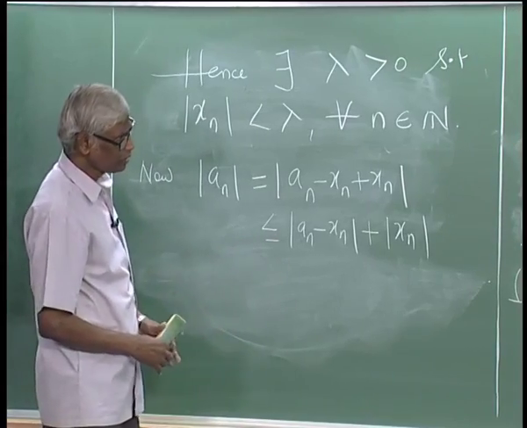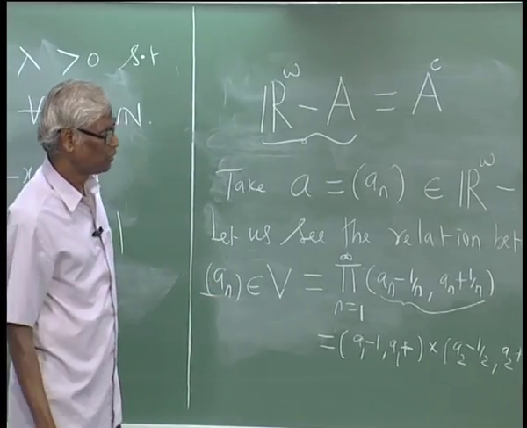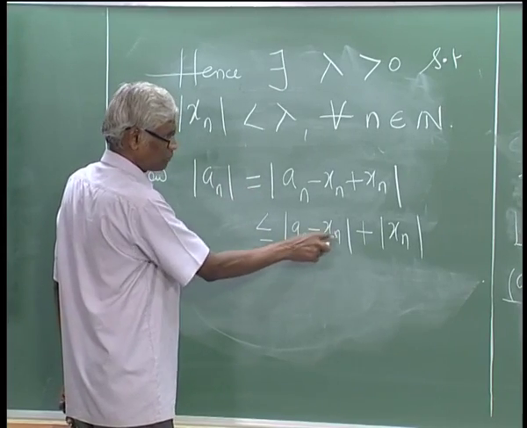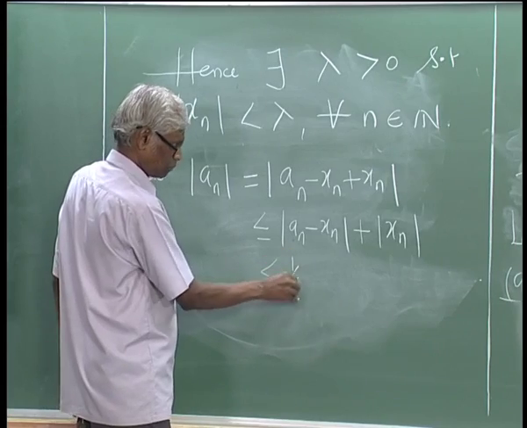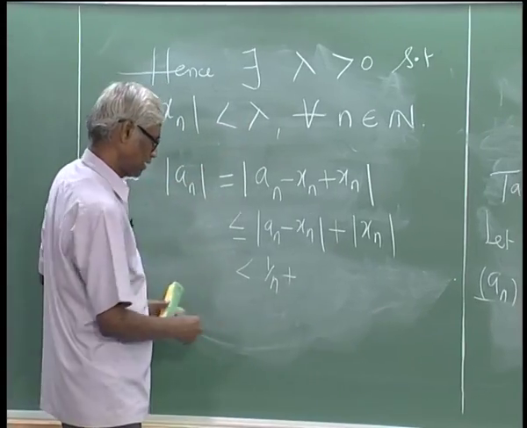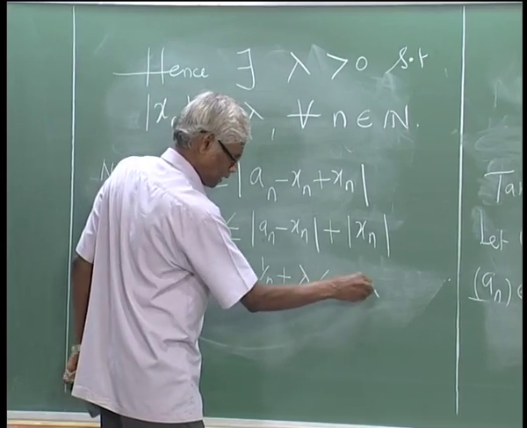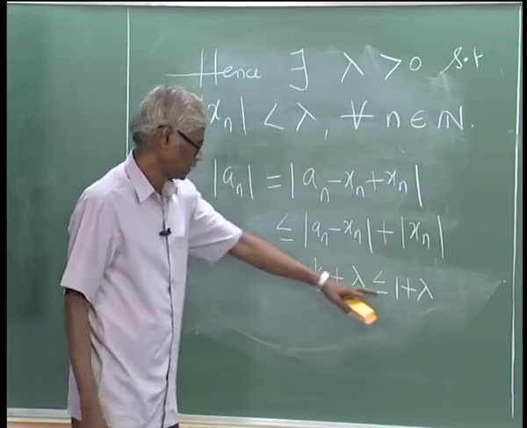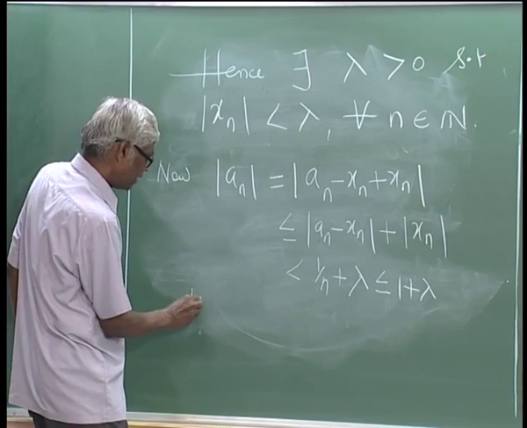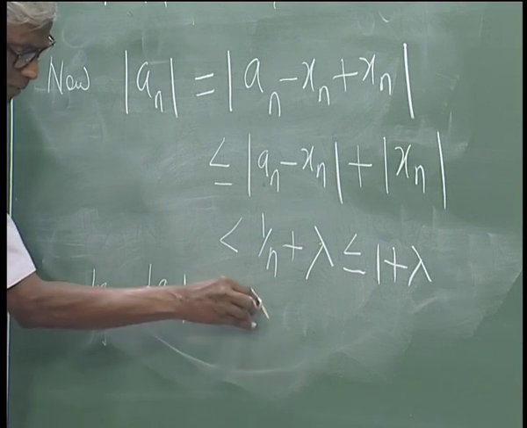Because our sequence x_n belongs to V, mod a_n minus x_n will be less than 1 by n, and mod x_n is less than lambda, so this is less than or equal to 1 plus lambda, lambda being positive and fixed. That means mod a_n is less than or equal to 1 plus lambda, which is a constant.